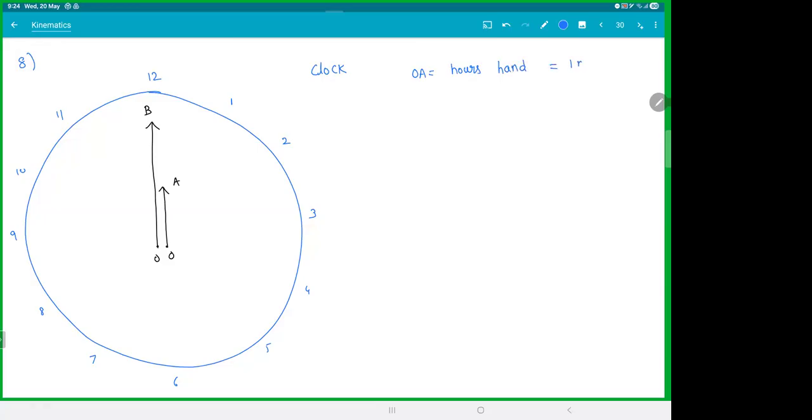Which is 1 meter, pretty long thing, right? So A is the tip of the hour's hand. We don't care about the minutes hand, so let's ignore that. We can maybe take that also. Why ignore it? Poor thing. So OB is your minutes hand. Yeah, we can play with that also, which is let's say 2 meters.